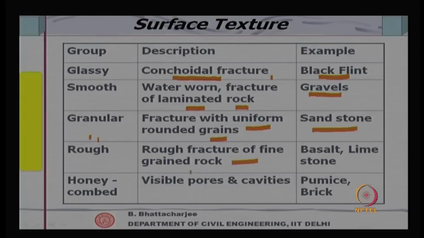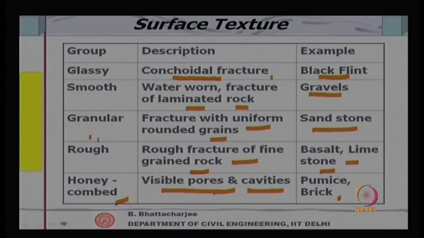Rough is fracture of fine grained rock, basalt, limestone, etc. And honeycombed surface texture comes from porous rocks, such as brick, for example, where visible pores and cavities will be there. So, this is surface texture, an important property related to concrete.